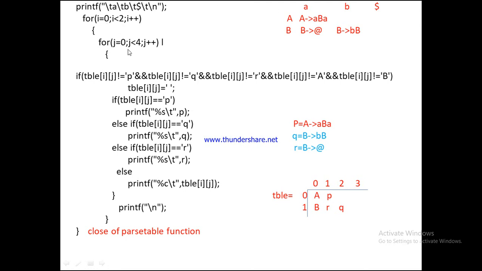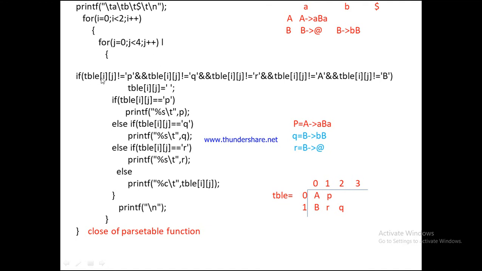Then for I is equal to 0, j is equal to 0, I'll come here. Once again I have written the same table entry here. No need to move again there and here, so that's why I have rewritten it here. And also I have written what is there in the PQR. P holds the first production, Q holds the first B production, and R holds the second B production. All of you know that one.